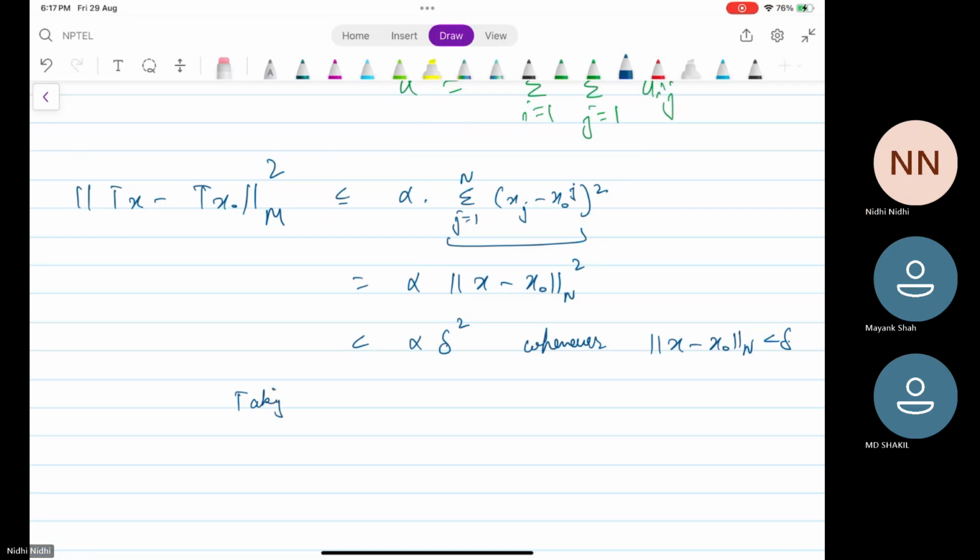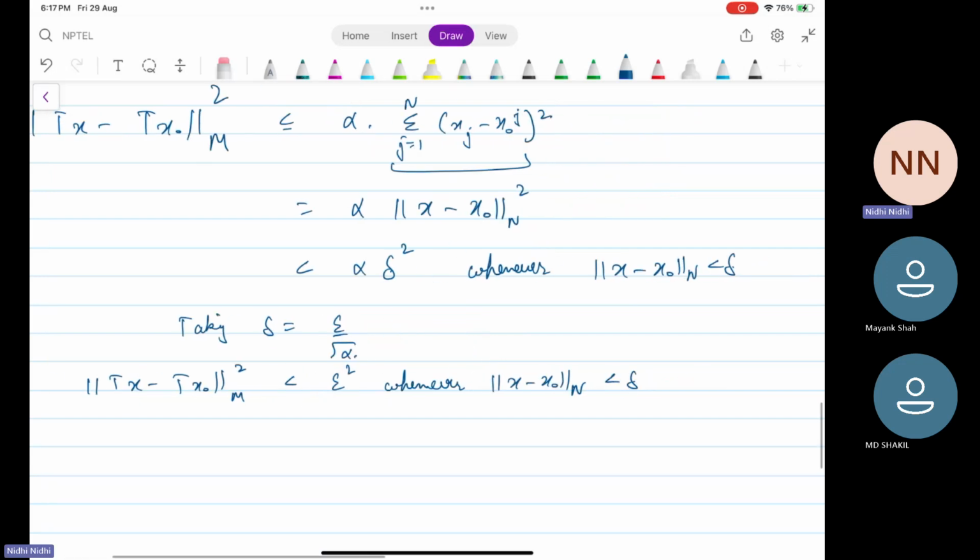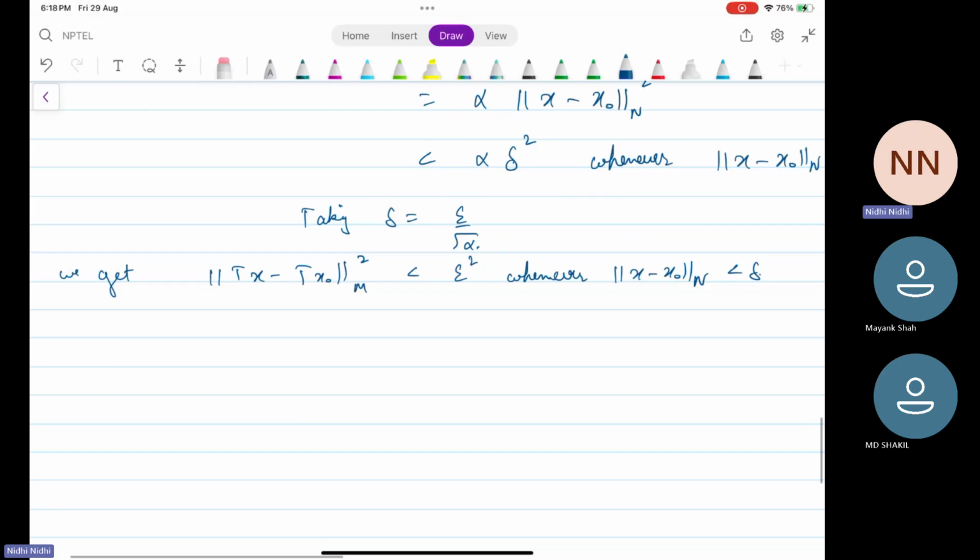Taking delta to be epsilon by root alpha, we get the norm of Tx minus Tx naught in Rm, squared, less than epsilon square whenever the norm of x minus x naught in Rn is strictly less than delta. Now this is what we wanted.